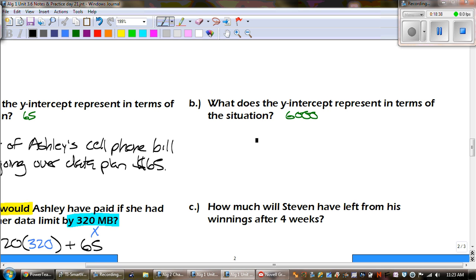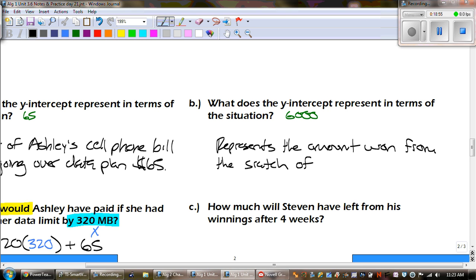So the $6,000 represents the amount won from the scratch-off ticket. And that was $6,000.